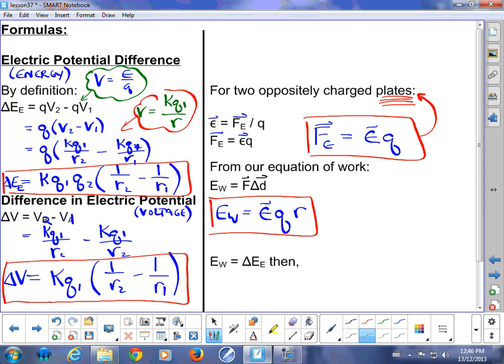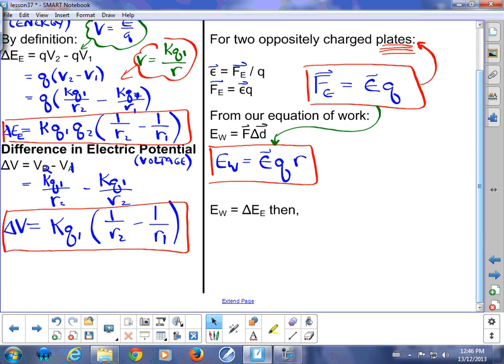So the delta d got replaced with an r, and the EQ took the place of the force. So there is the amount of work it takes on a particular particle within two plates.